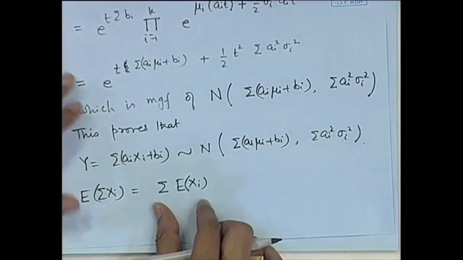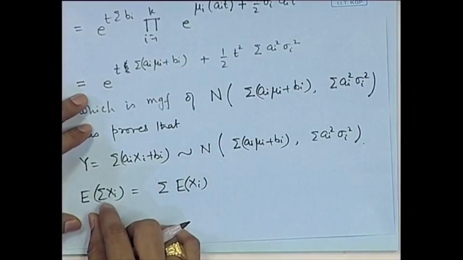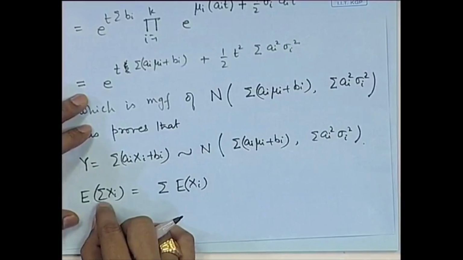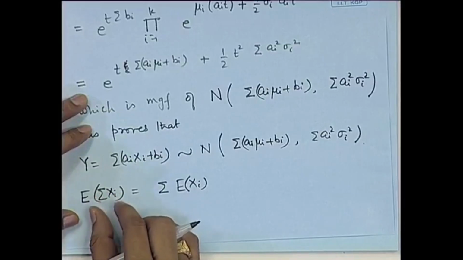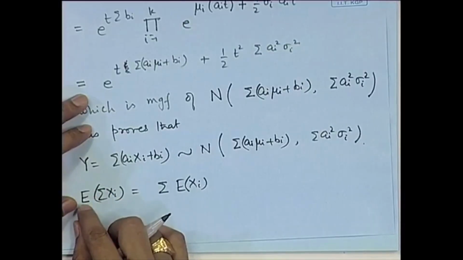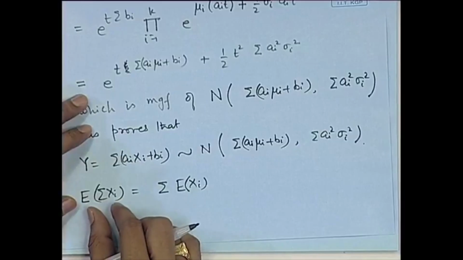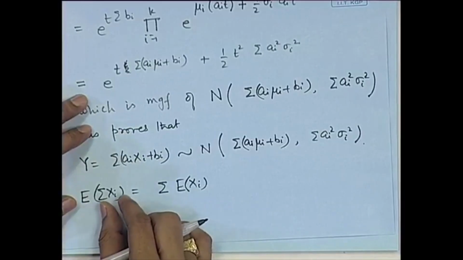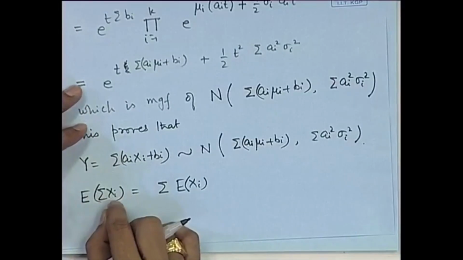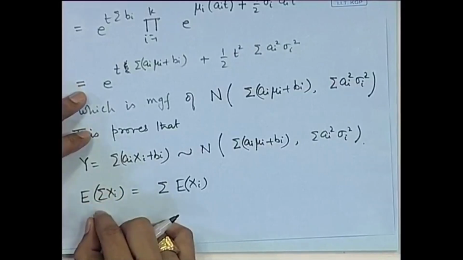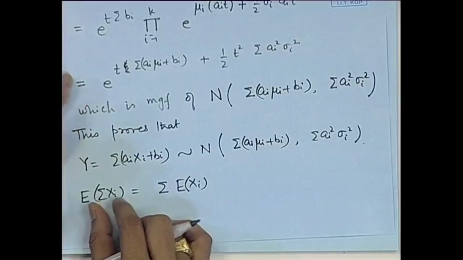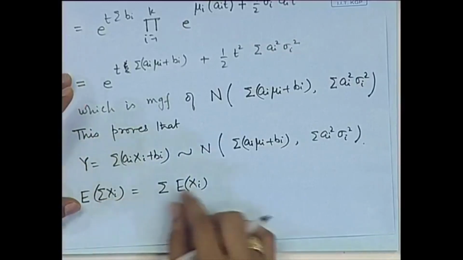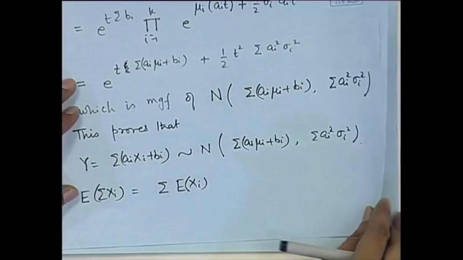The proof of this fact is quite simple: you just have to apply the linearity property of the integral or the summation signs, because here it is the expectation of a summation. Either you will have summations, if the random variables are discrete, or integrals, if they are continuous. So, when we apply the linearity property, the sums can be taken inside and it will prove this property.